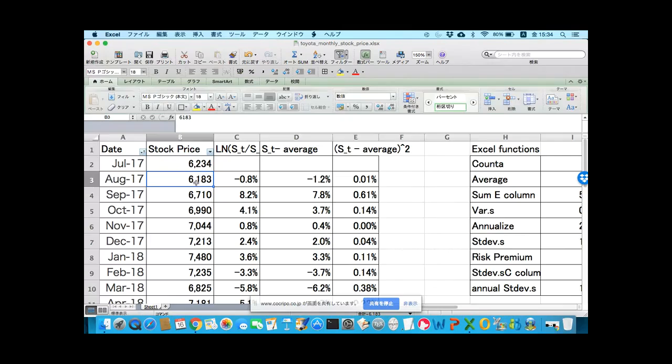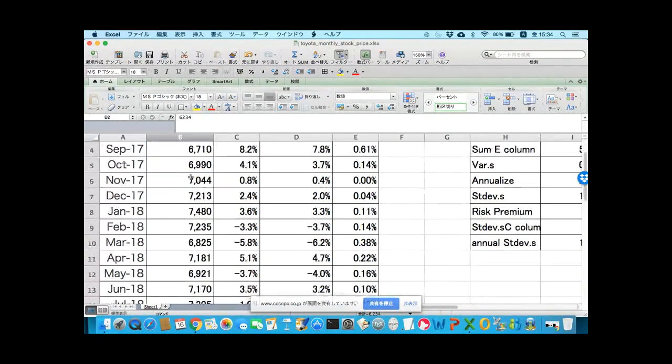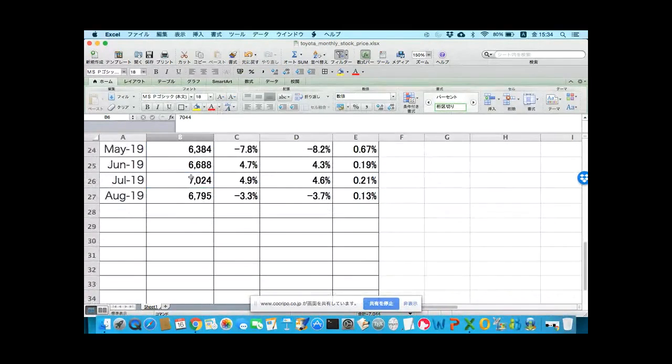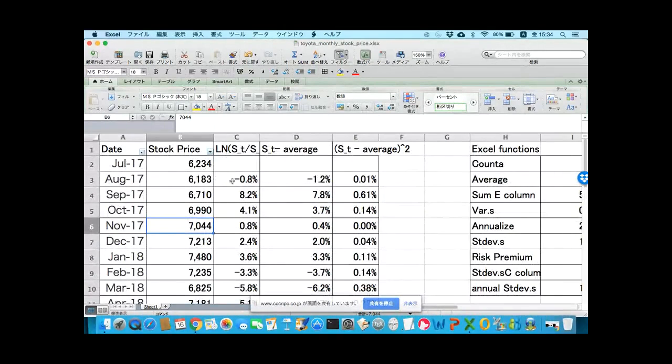Okay, and once you get samples of a stock price time series like this, what do we do next?